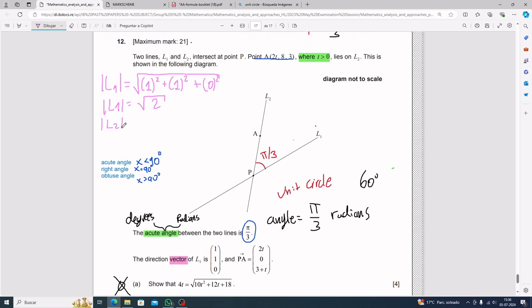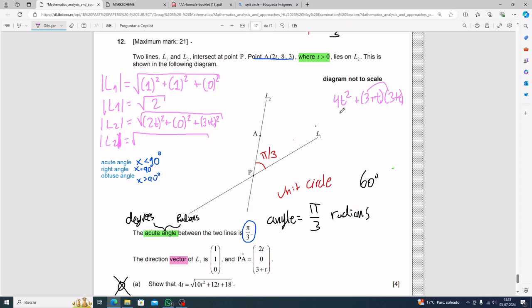So the magnitude of L2 is going to be the same idea. It's going to be the square root of your first term, so 2t squared, plus the second term, which is 0 squared, plus the last term, which is 3 plus t squared. So the first term is going to end up as 4t squared, plus 0, plus 3 plus t times 3 plus t, right?